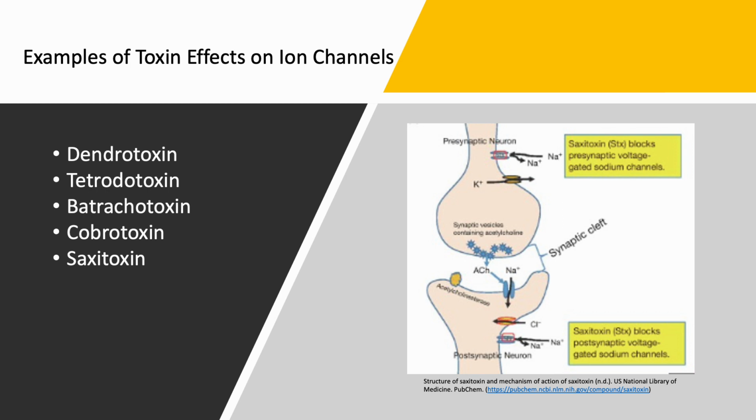Cyanobacteria in freshwater and dinoflagellates in marine water make saxitoxin. Now, these are small organisms, so usually you have larger organisms that feed on them. We have filter feeders and fish. So as these filter feeders and fish are eating large amounts of cyanobacteria and dinoflagellates, which have large amounts of saxitoxin in them, the concentration will accumulate within these filter feeders and fish.